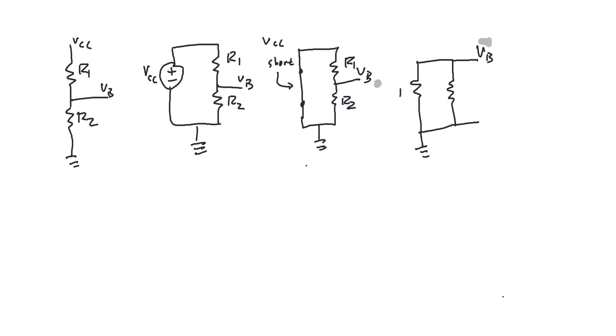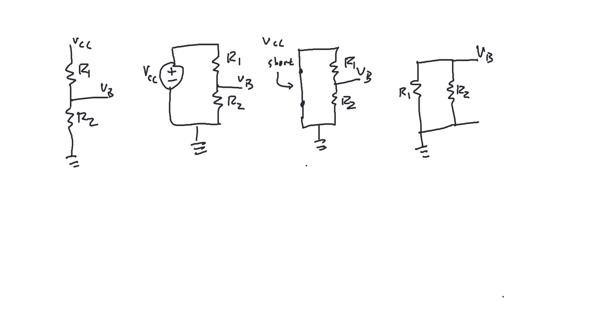We still have ground, connected to one side of R2. We have VB connected between R2 and R1, and that's where VB is. So it's really completely the same circuit. You've got to be able to see that and realize it when it's redrawn that way.